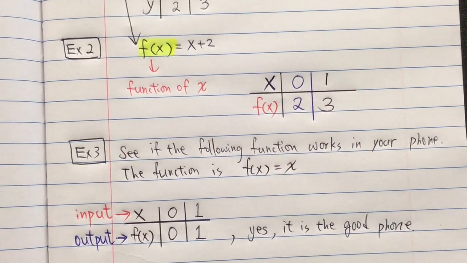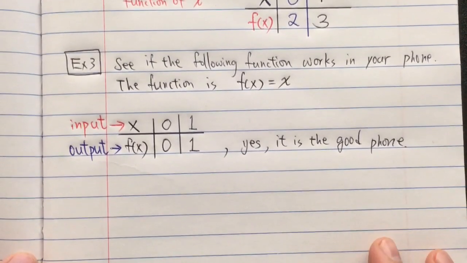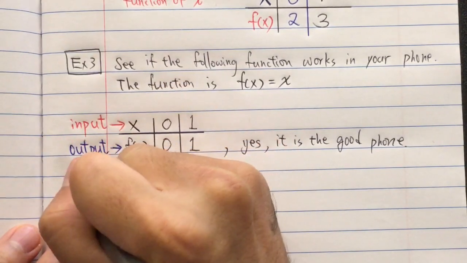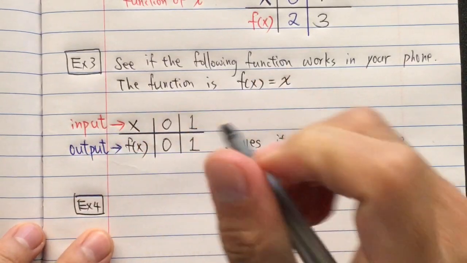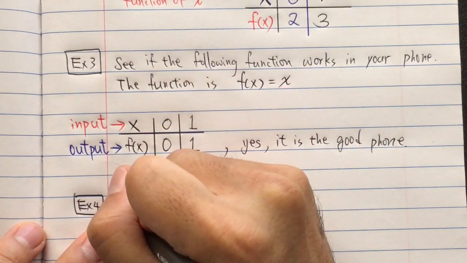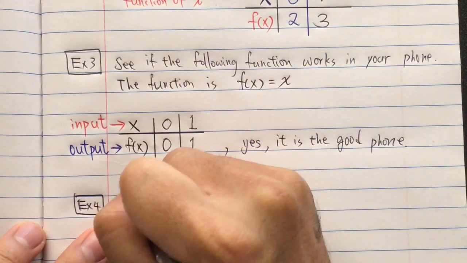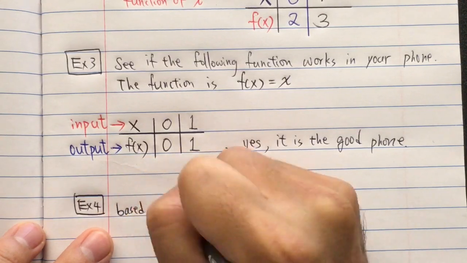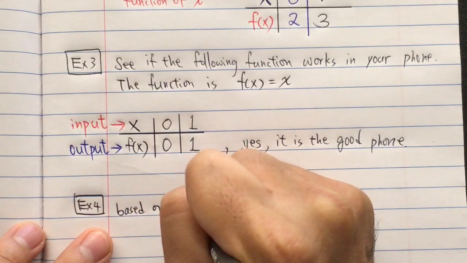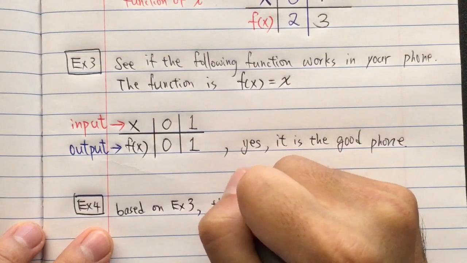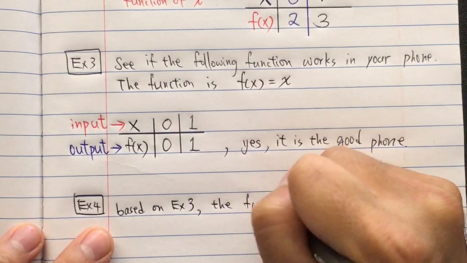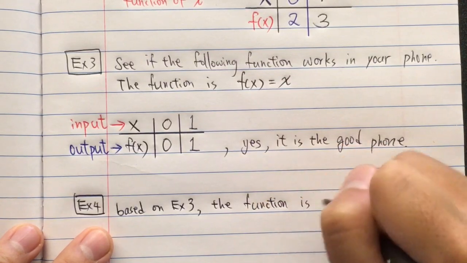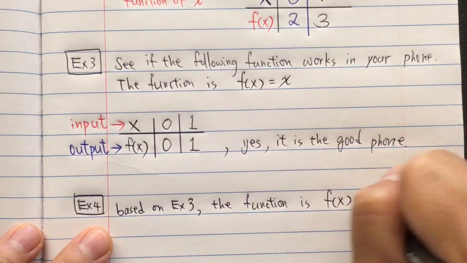Now let's see one more question. Example 4. I just change it based on example 3. Now the function is f of x equals 2x.